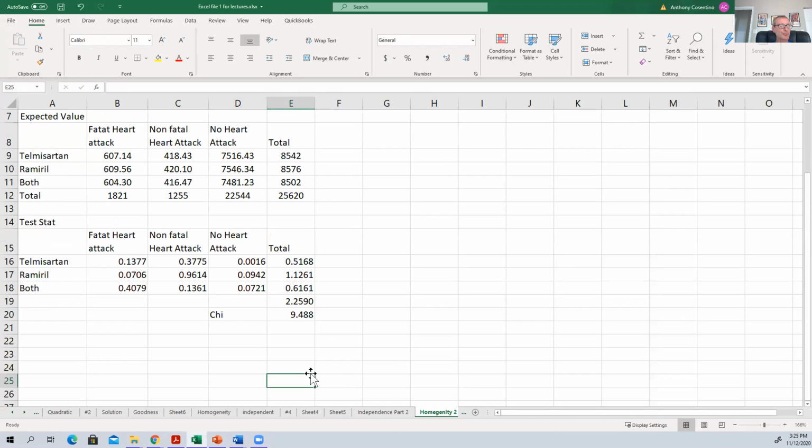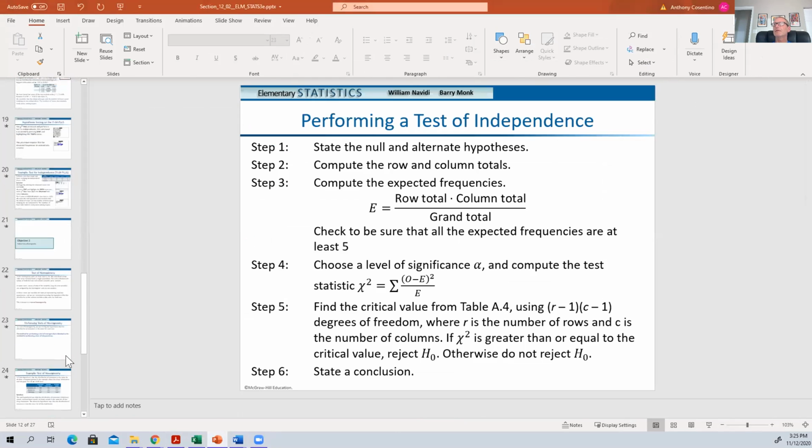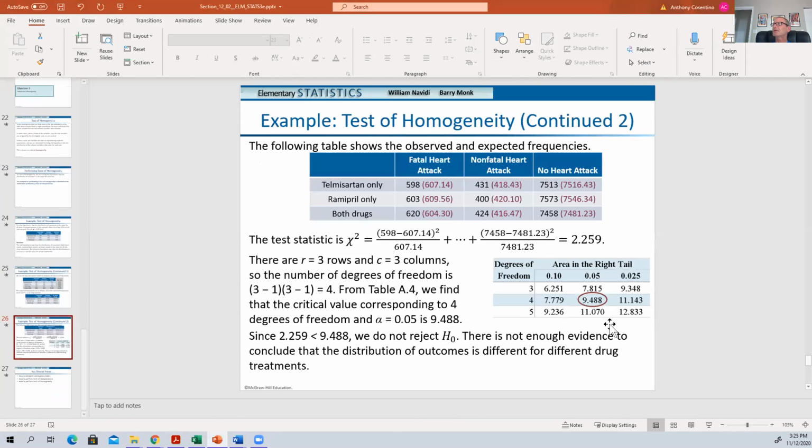So in this case, what do we have? Well, in this case, let me just show you that if you go back here, same if you use that table. So now that the test statistic is less than our chi-squared out of the table. So here instead of rejecting, we do not reject the null hypothesis.